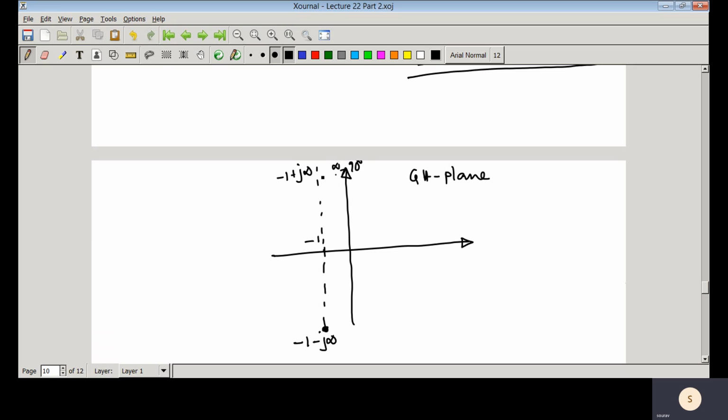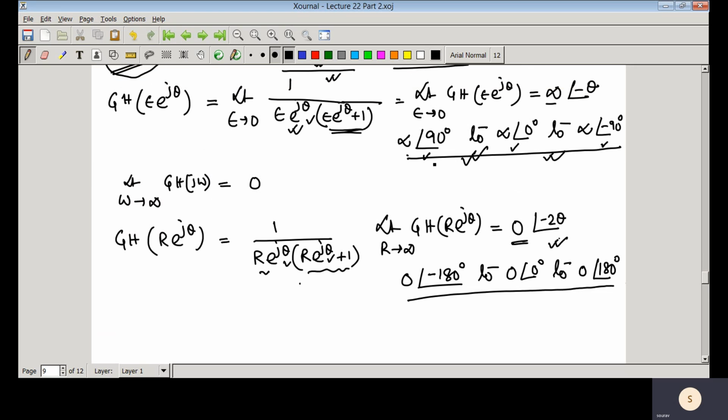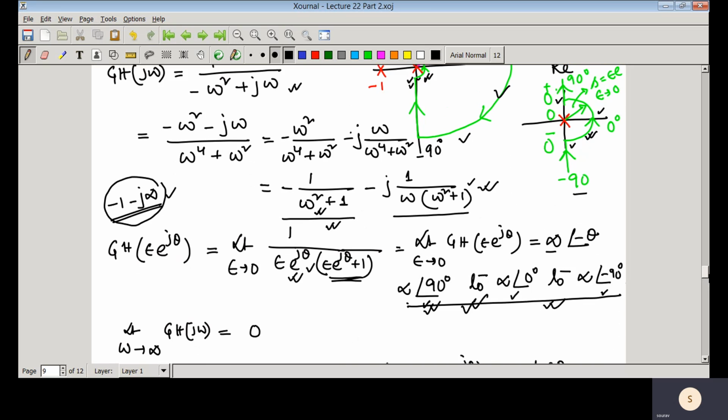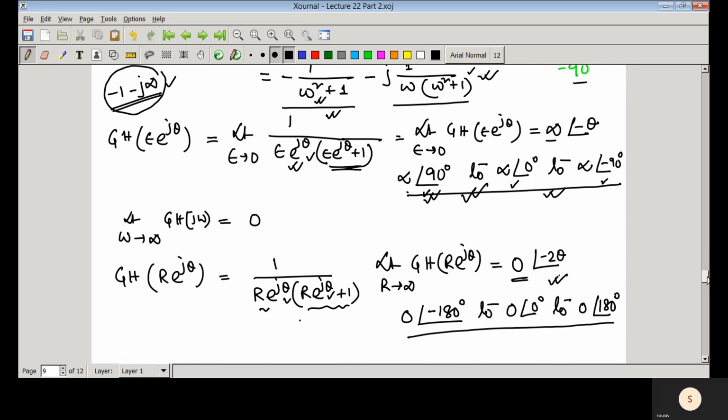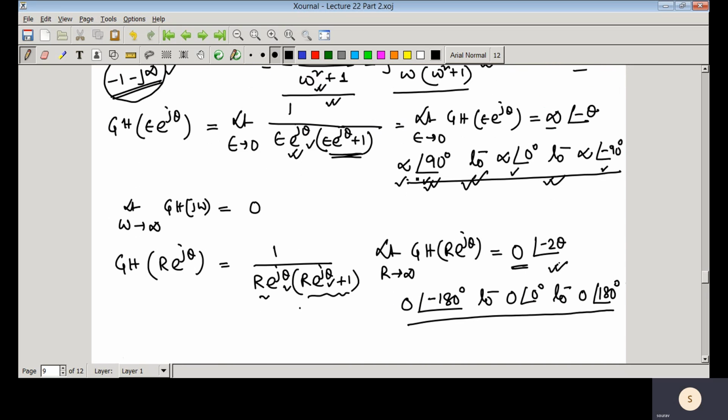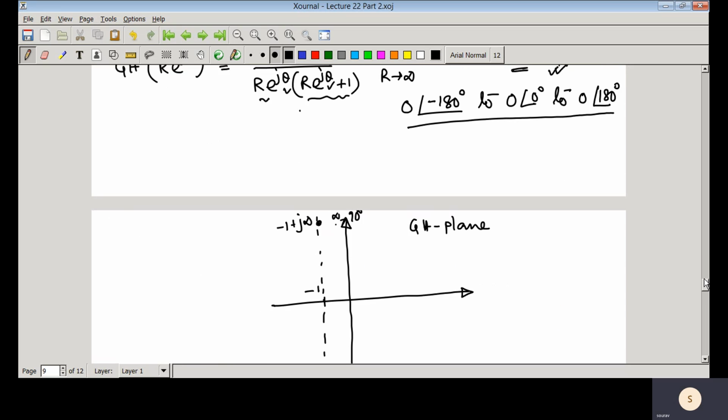So that means you are here, that is infinity 90 degree. You are here whenever you are at the 0 minus point, infinity 90 here.